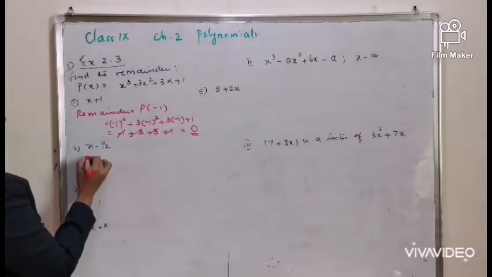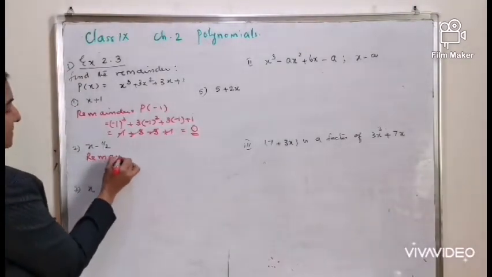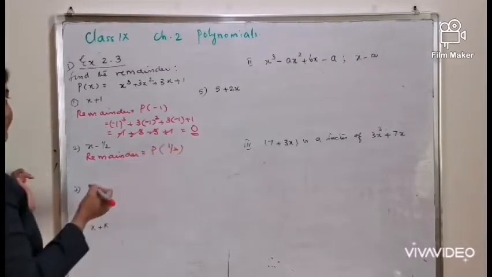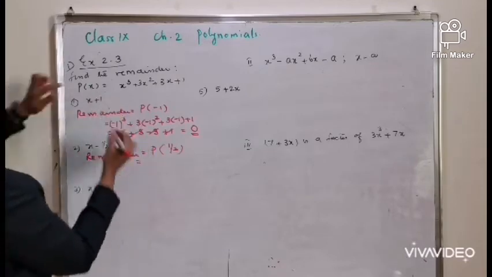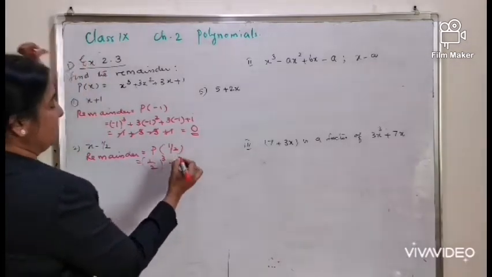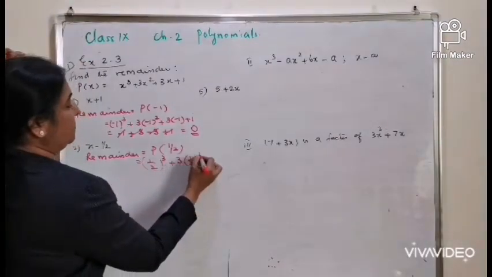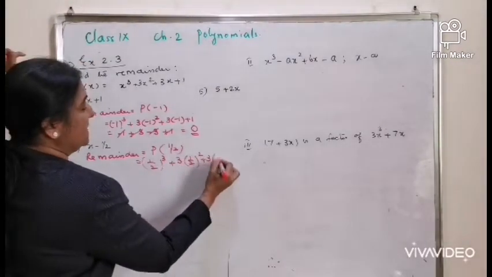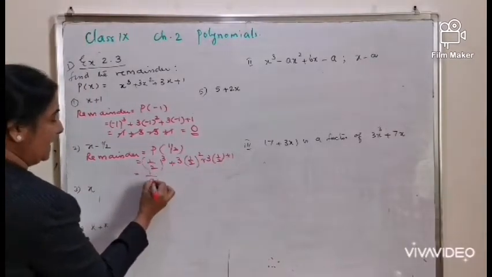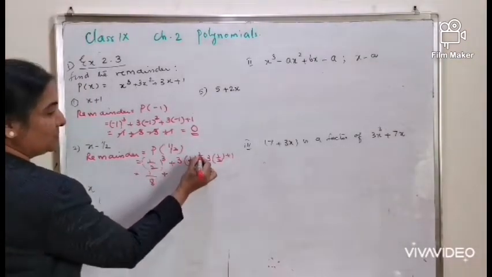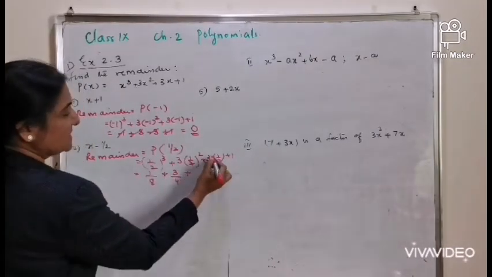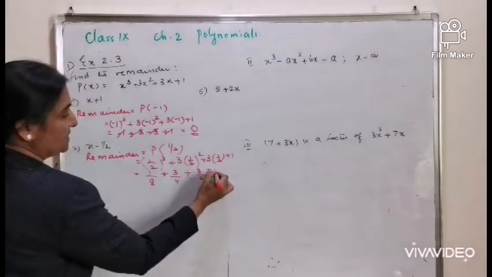The second question: remainder is equal to p of positive half, which is equal to (1 by 2) the whole cube plus 3 into (1 by 2) the whole square plus 3 into 1 by 2 plus 1. That is 1 by 8. (1 by 2) the whole square is 1 by 4, so 3 by 4, plus 3 by 2, plus 1.